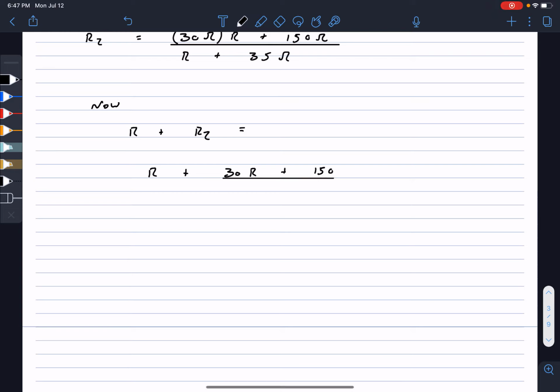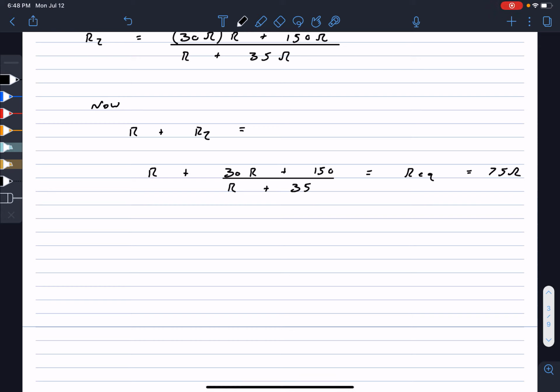All of our numerical values are in ohms. This is going to be equal to the equivalent resistance, which we are told in the beginning is 75 ohms. This is equal to 75 ohms, but we're not quite there yet.